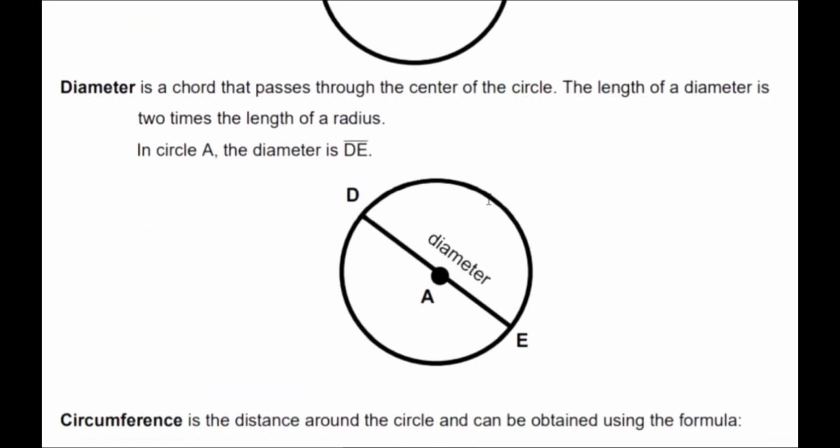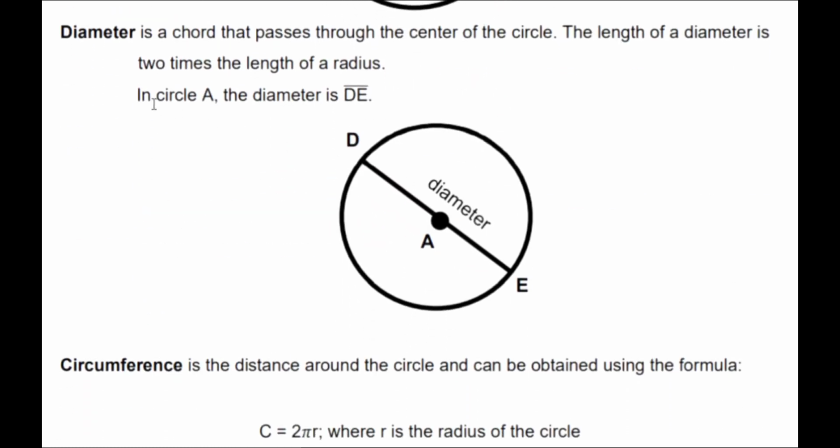Next one, we have the diameter. The diameter is a chord that passes through the center of the circle. The length of the diameter is 2 times the length of the radius. So when we say diameter, it is a chord. When we say chord, both endpoints are on the circle. So we have point D and point E on the circle, and it passes through the center point A. It is 2 times the length of the radius.